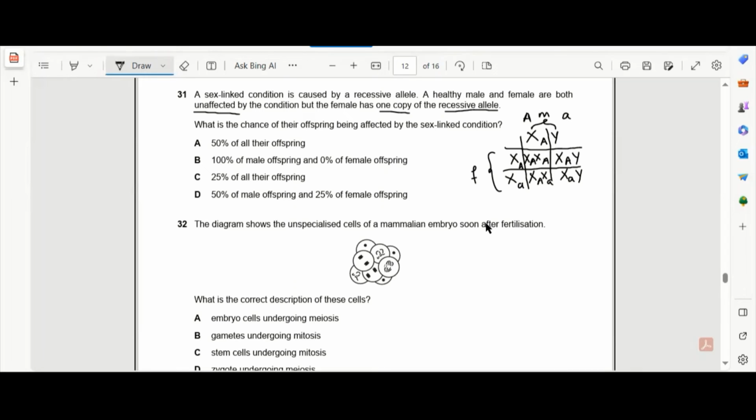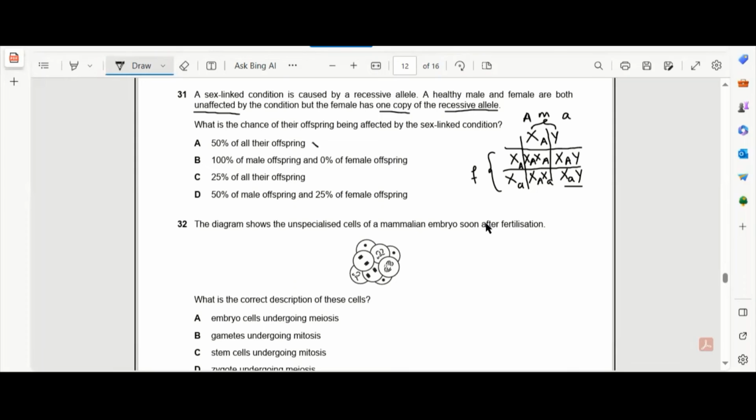So of all their offspring, only this one will be affected. The other ones: this is two dominant alleles, this is one dominant allele, this is one dominant allele as well. So three of these will have the normal allele, which is unaffected by the condition.